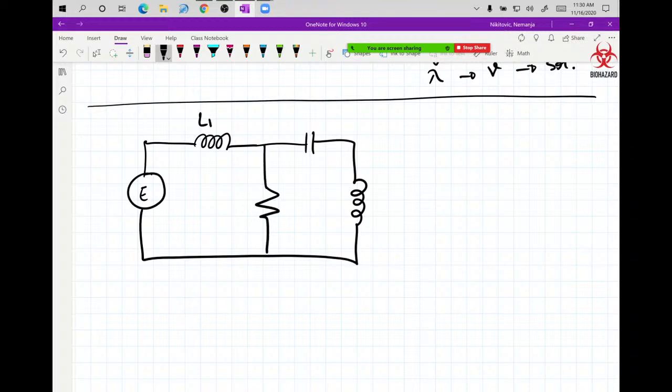So this will be your L1, this will be your L2, this will be your C, and this is R because I only have one. Maybe I can add another R over here, R2 and R1.